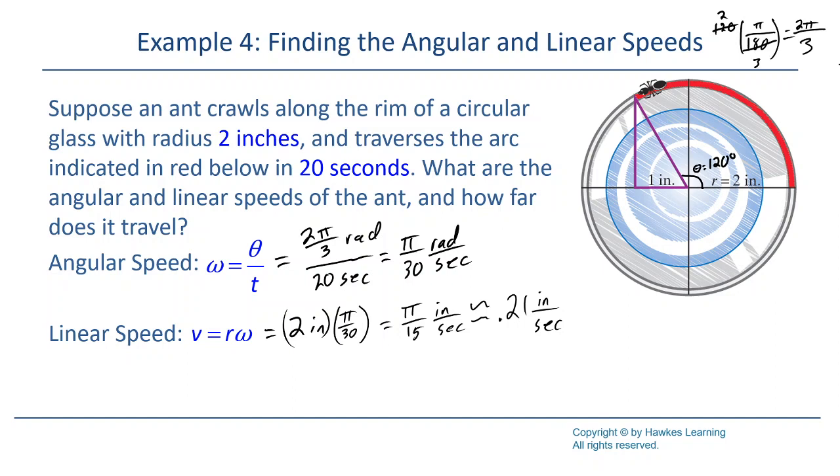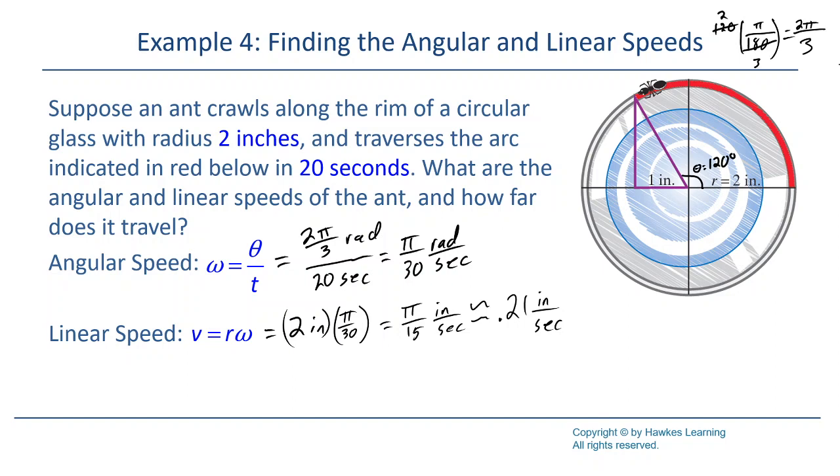If this glass were to be 20 inches wide, which at that point you can't really call a glass, I think that would have to be more like a bowl, and you calculated this, so you replace 2 with 20, that's moving at 2.1 inches per second. So that's a whole lot faster in terms of the relativeness of it. So just keep in mind, the linear speed is affected by how large the circle is that you're dealing with.